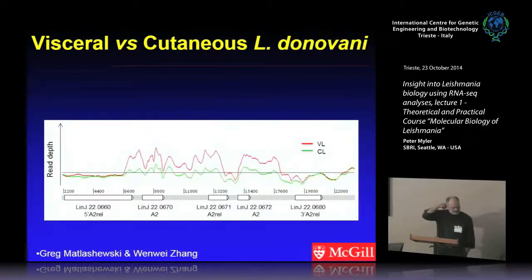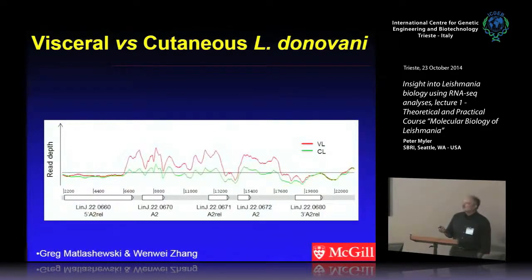This is the type of information that could be useful, and again, this is from the work that we did with Greg that's been just recently published. If we looked at the copy number between these two Sri Lankan strains, one of the Sri Lankan strains was isolated from a patient that had VL, and the other was isolated from a patient that had CL. And in fact, most of the Sri Lankan L. donovani seems to cause CL, which is, of course, unusual.